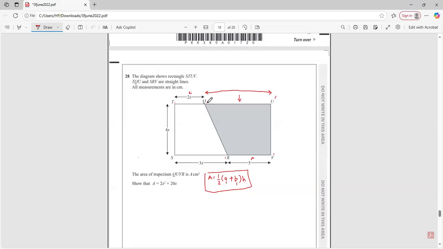Okay, so if they're equal, then that means that this side, which is SV, which is equal to 3x plus 5. Take note, I said 3x plus 5, not 3x plus 5x. I'm just trying to stay in line with the question. 3x plus 5 is going to be equal to what you have on top here, which is 2x plus what we don't know. I'm just really hoping that it's not an error, but yeah, that's fine.